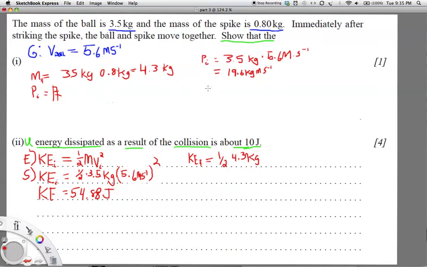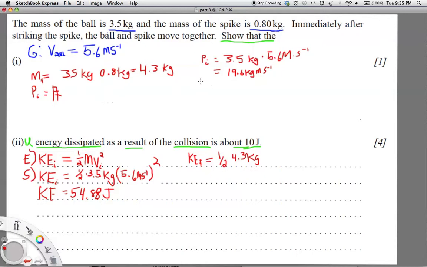Now I know that my initial momentum and my final momentum are equal. In inelastic collisions, remember, momentum is conserved, but not energy. So my P final is equal to 19.6 kilogram meters per second as well, but the mass is greater, so the velocity drops down.